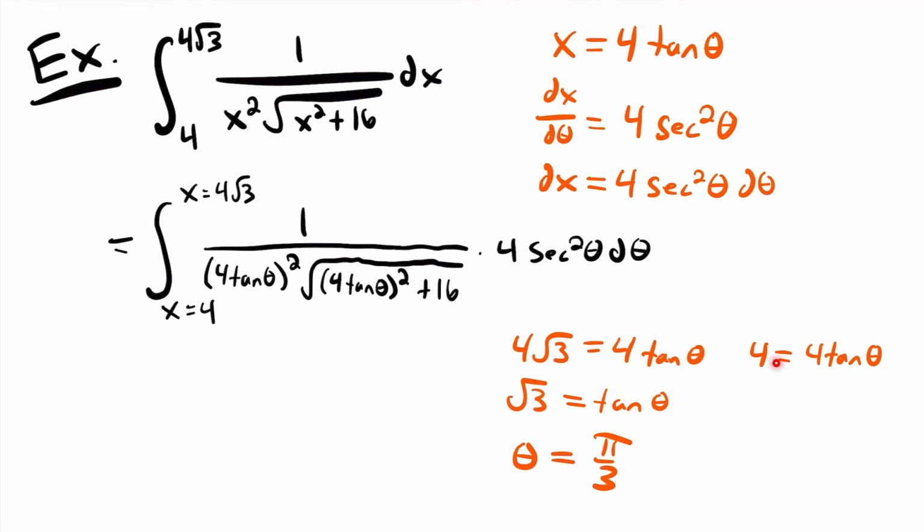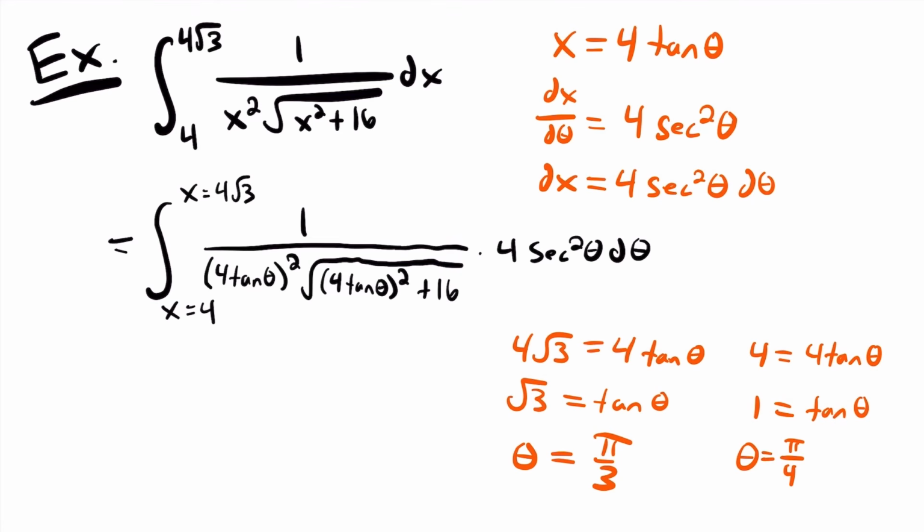All right, and then if we work on this equation, if we divide both sides by 4, we will find that 1 is equal to tangent theta. And so if you plug 1 into the arctangent function, that will solve for theta. And arctangent of 1 is equal to pi divided by 4, and so theta is equal to pi divided by 4. And that also makes sense because tangent of pi divided by 4 is equal to 1.